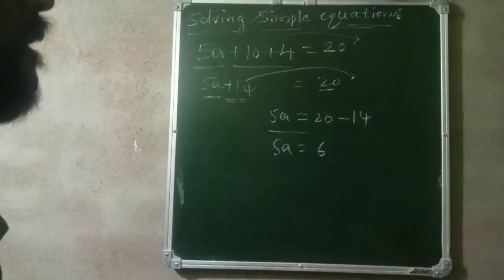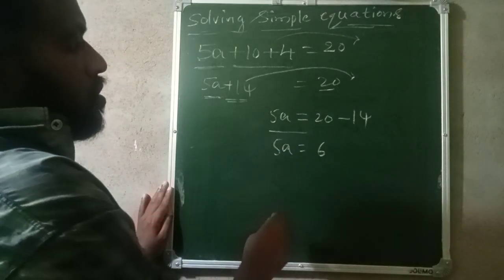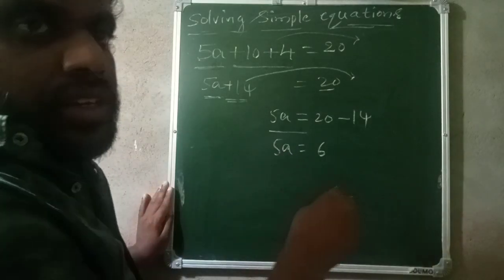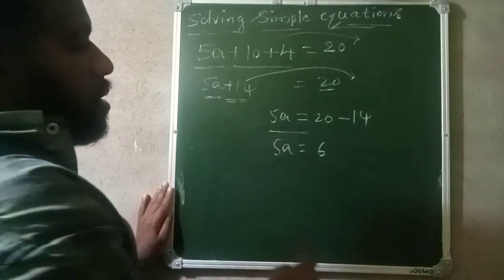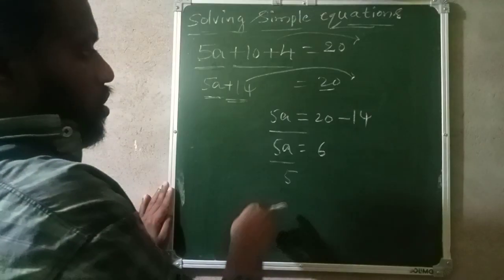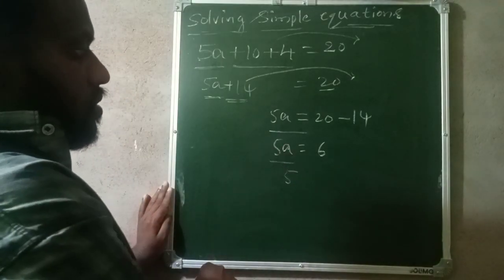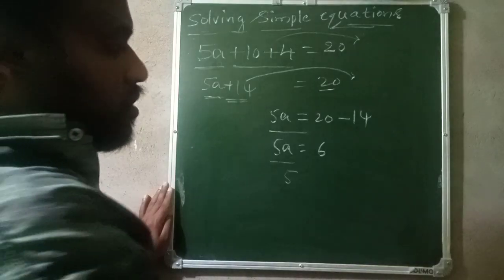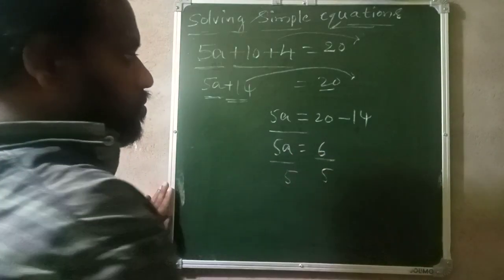Okay. Now we want a, we don't want 5. So 5a is like 5 into a. There is a multiplication between 5 and a. Because of that, you can divide by 5 so that you can remove 5. But if you divide this side by 5, you have to divide the other side also by 5.